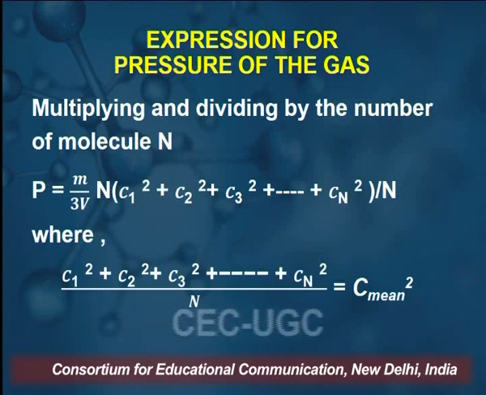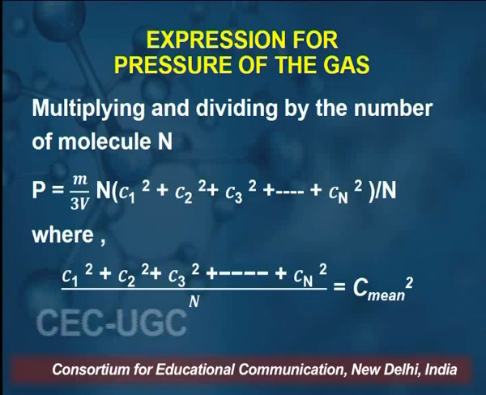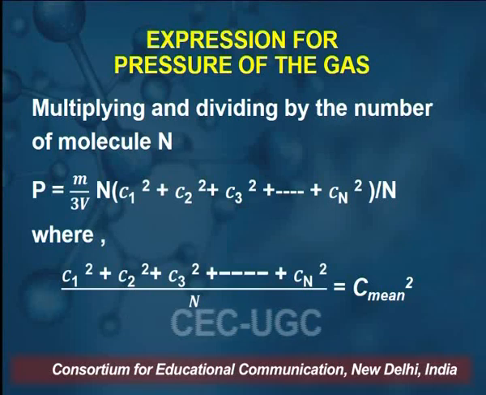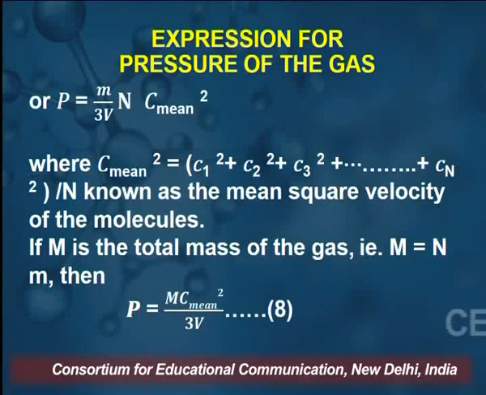Here c1 square plus c2 square plus c3 square plus so on so forth plus cn square, divided by n, is c mean square. So what do we get? We get P is equal to m by 3V into n c mean square, where c mean square is known as the mean square velocity of the molecules.